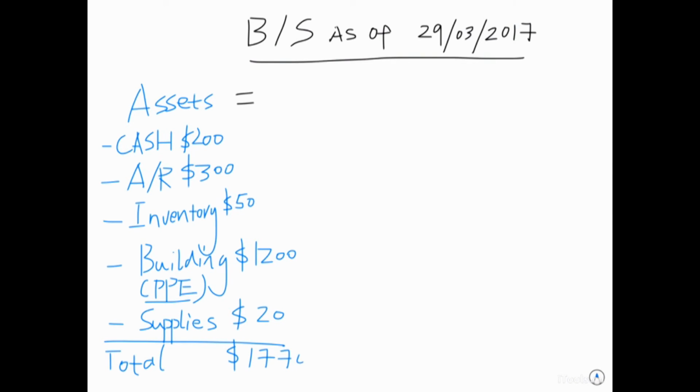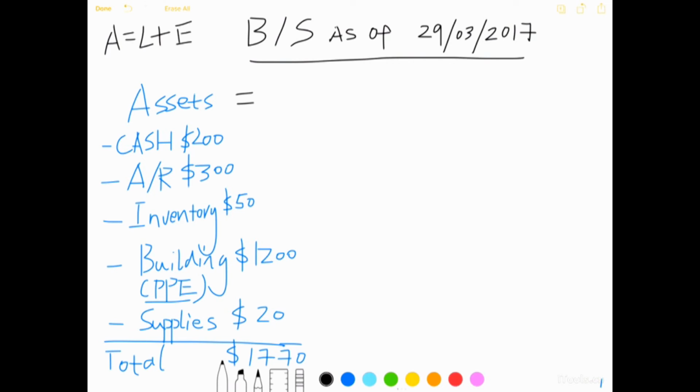So let's go back to the accounting equation. We know that assets equal liabilities plus equity, and now we know that on the left hand side we have $1,770. Essentially we want to do the same thing for the right hand side as well. So next step, we're going to do liabilities.